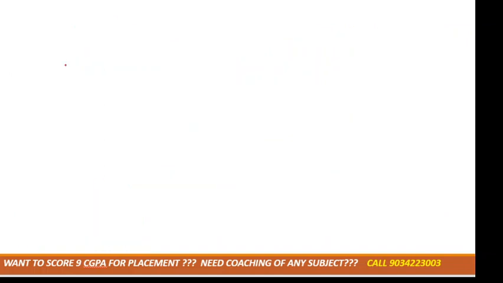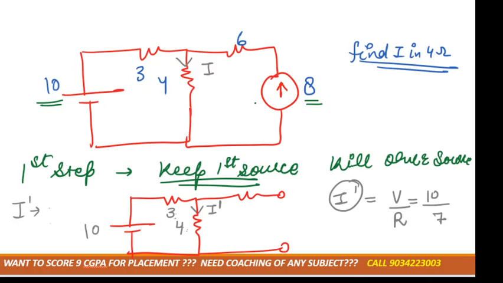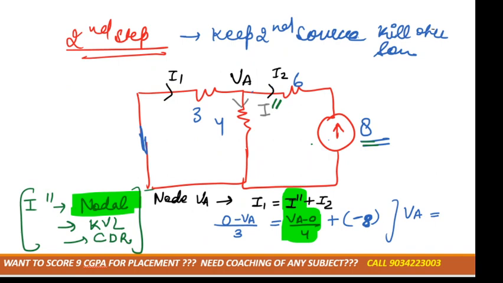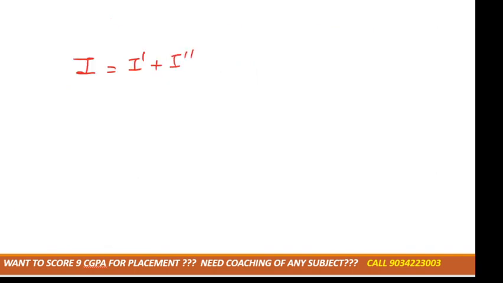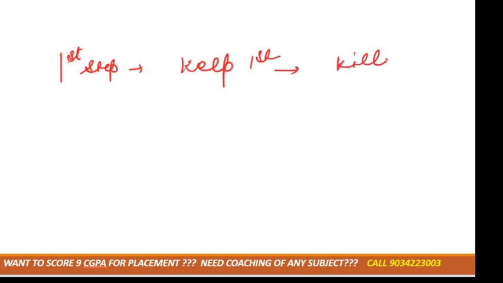In the last step, I is equal to I dash plus I double dash. I dash we calculated in the first step, and I double dash in the second step. We just add them together, and that would be the current in the 4 ohm branch. So I'm revising what we need to do in the superposition theorem. In the first step, keep only the first source and kill the other sources.